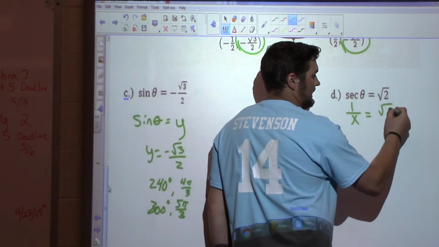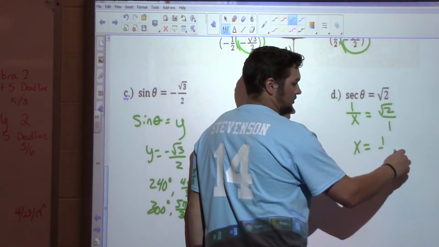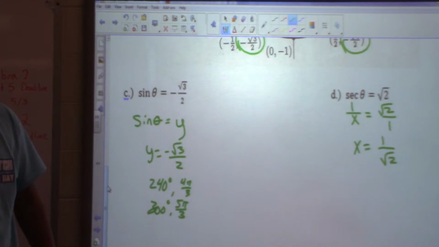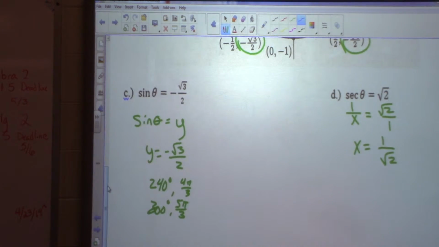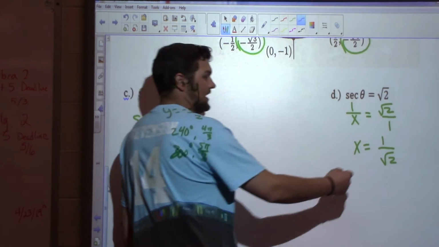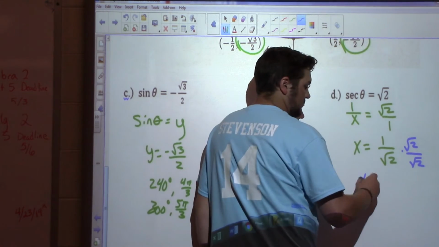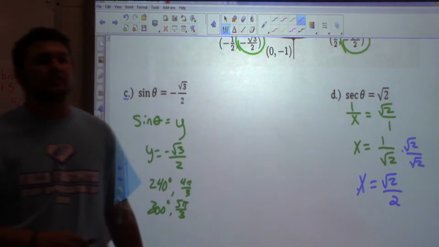Secant theta is the same as 1 over x, right? Well, if 1 over x equals square root of 2, x equals 1 over square root of 2. How many of those numbers on your unit circle have square root of 2 in the denominator? 0 of them. So I'm going to rationalize it, times square root of 2 over square root of 2. We want where x equals square root of 2 over 2.